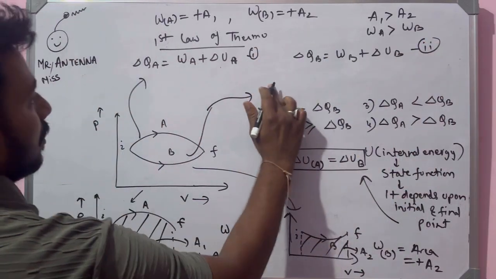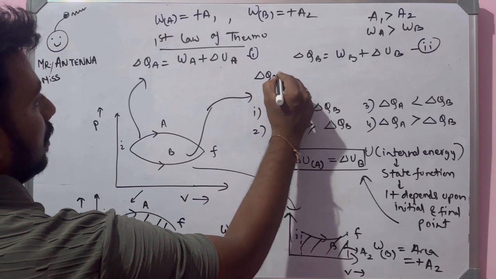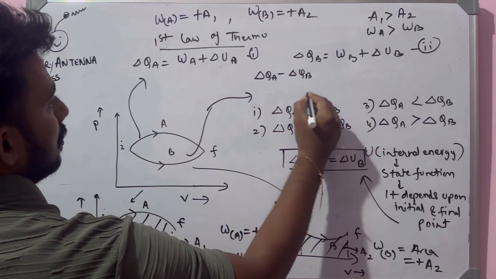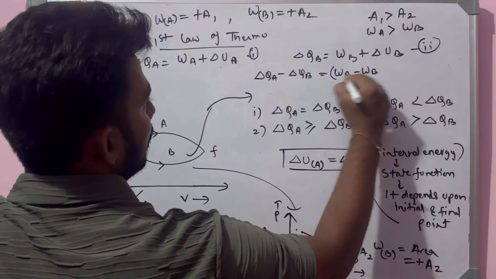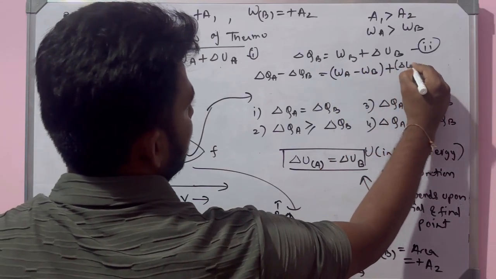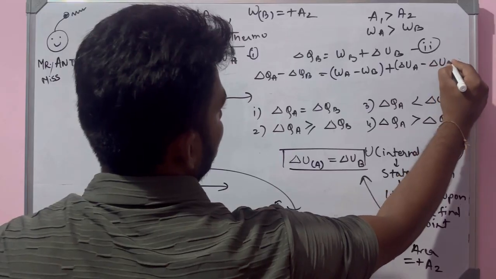So can I write delta QA minus delta QB is equal to work done along A minus work done along B plus change in internal energy along A minus change in internal energy along B?